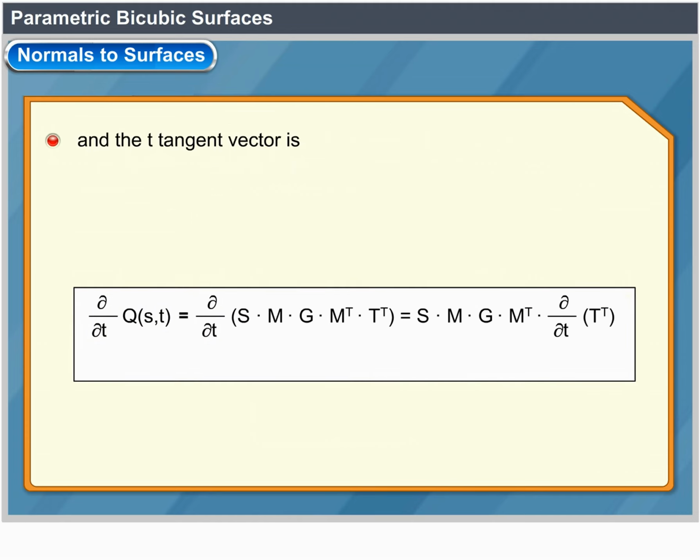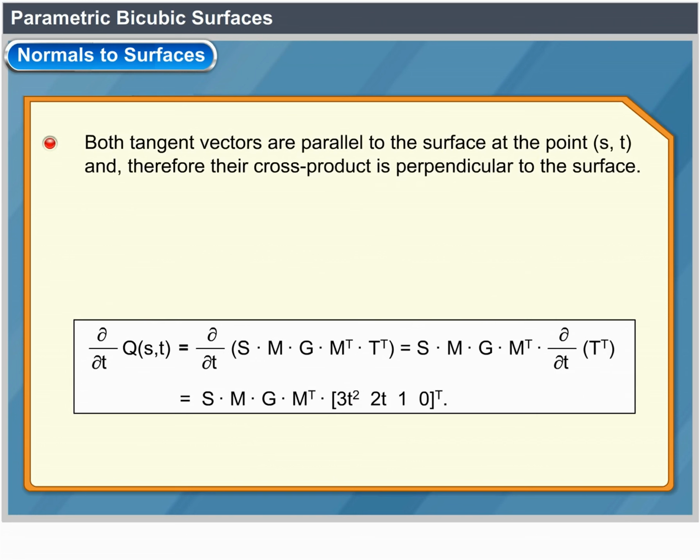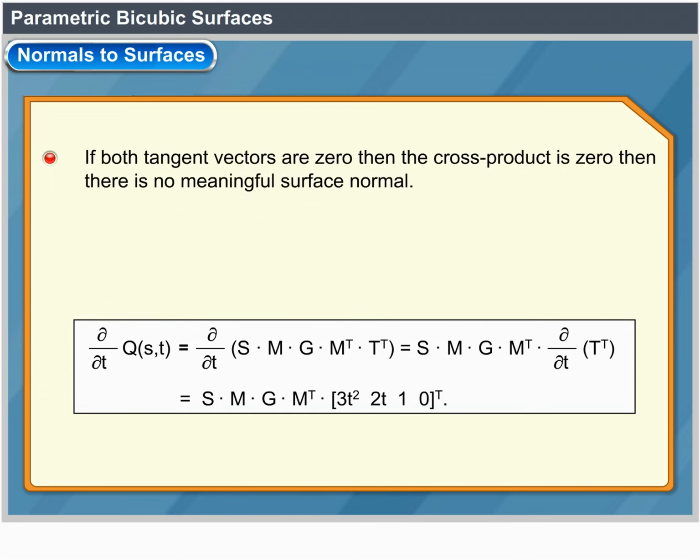Both tangent vectors are parallel to the surface at the point S, T, and therefore their cross product is perpendicular to the surface. Notice that if both tangent vectors are 0, the cross product is 0 and there is no meaningful surface normal.